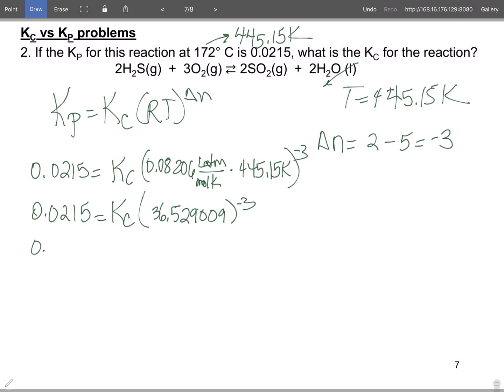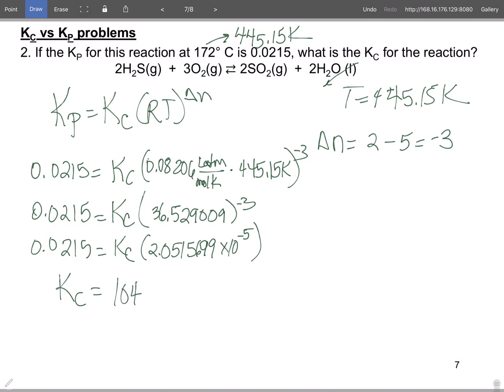So to the negative 3, so 0.0215 is equal to Kc times 2.0515699 times 10 to the minus 5th. So Kc then is equal to 1047.9779. Now, how many digits?